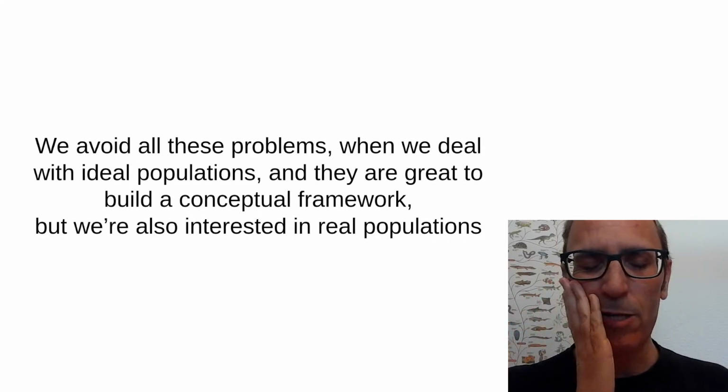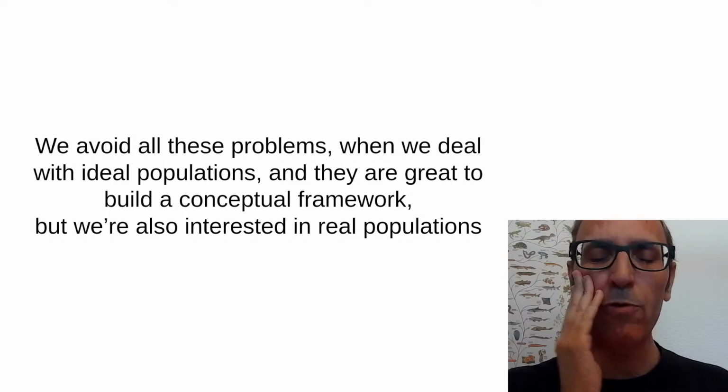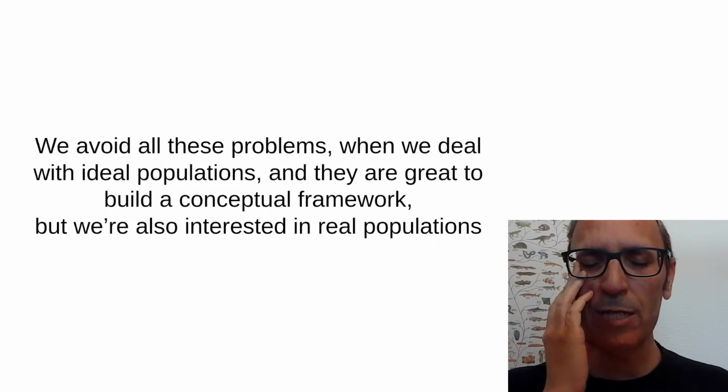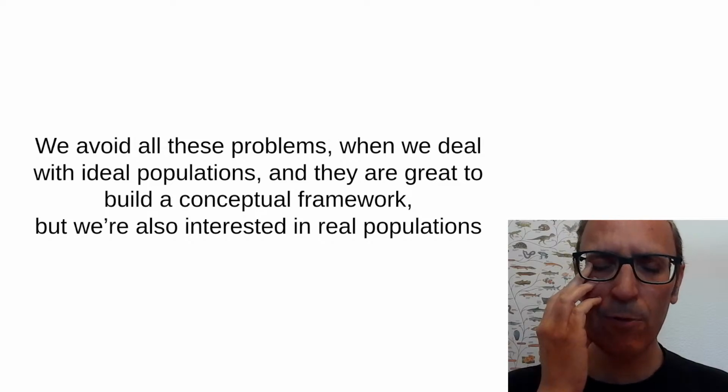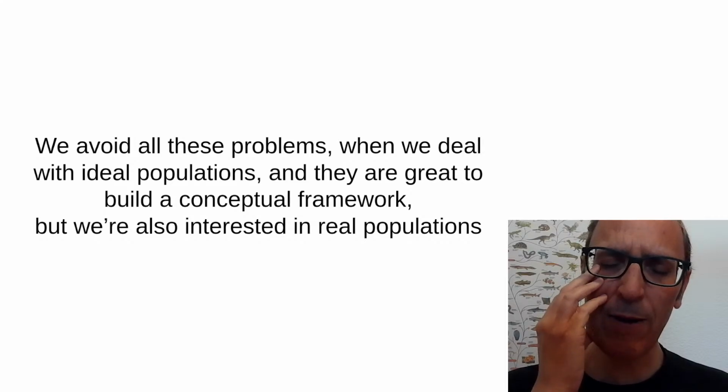You could say, well, this is a mess. We could. It's better to use just ideal populations. Yeah, ideal populations are very good for thinking about evolution, and we will use them to think about evolution.